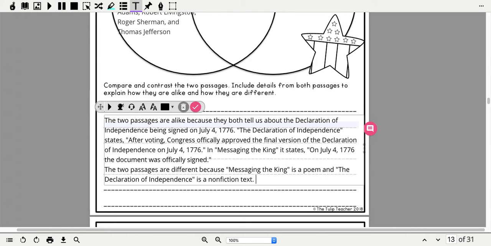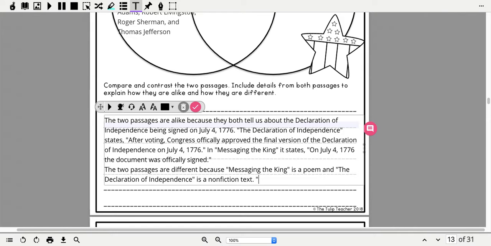Now I have to prove that somehow. If I want to prove that, there's a couple things I can do, but I think the best is to just say what you see.